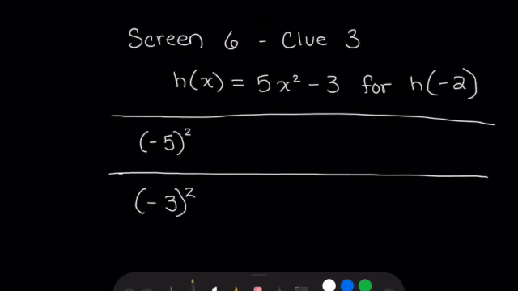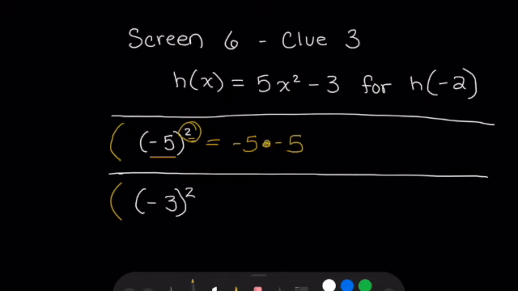This should be screen 6, clue 3. Before we do that, I want to just look at these two situations. Remember that when you're squaring something, you're multiplying it by itself 2 times. So this would mean that it's negative 5 times negative 5.